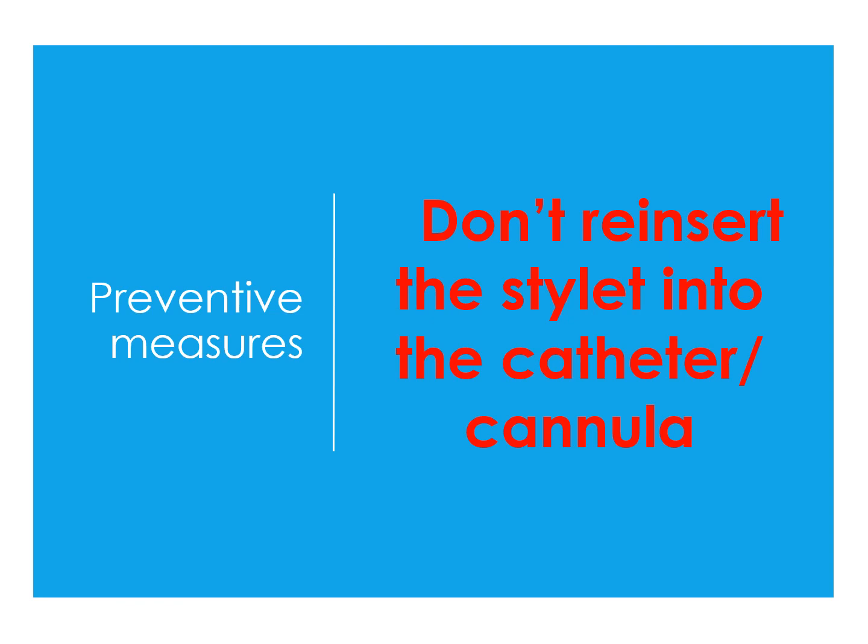If it is unsuccessful, you will remove the needle and observe for blood backflow. If there is no blood backflow, some practitioners will reinsert the stylet or the needle back into the catheter, the plastic cannula.